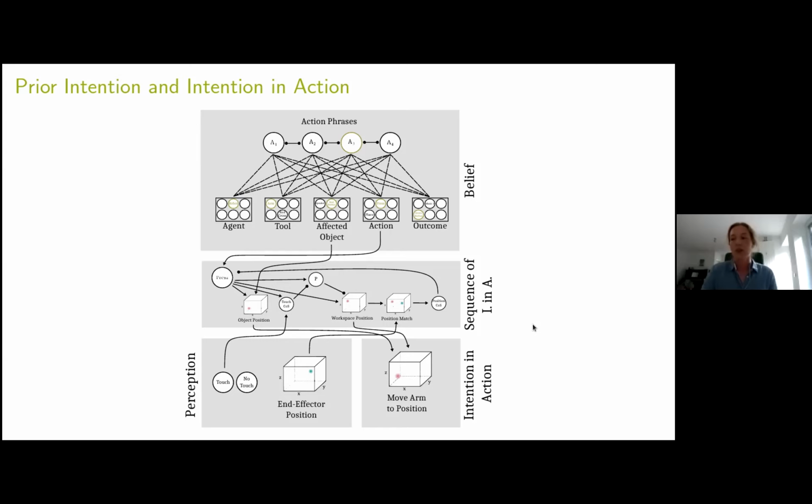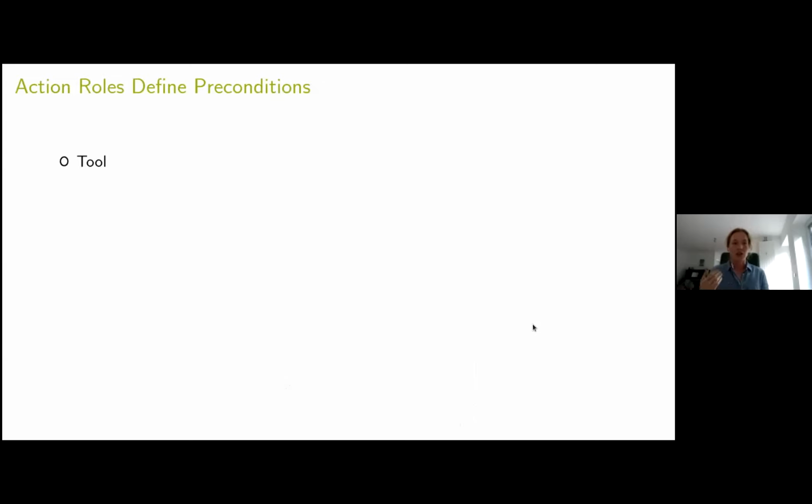And those preconditions are defined by the object-like action roles. When we have a tool and it's an object, we would like to have this tool in hand first before we start our action using this tool, right? And in the other case, when we want to use the end effector, our hand or the connector, as a tool, we would like to have a free hand and nothing else. Yeah, in the case of the robot, sticking to the connector.